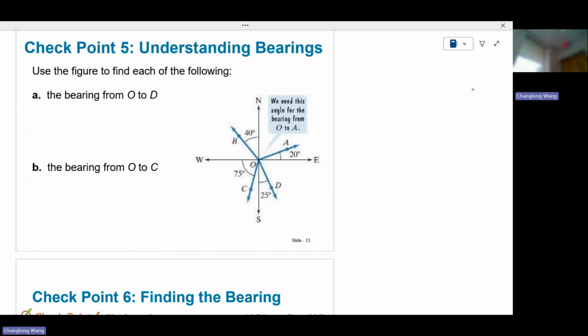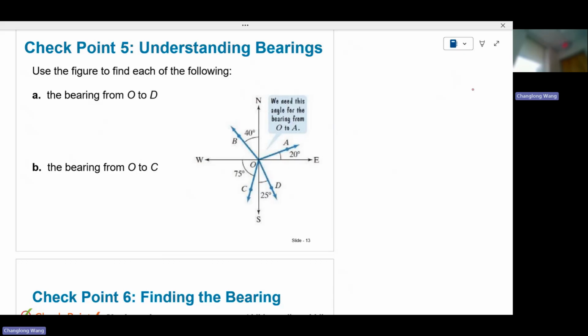A bearing from O to D. So that's the direction you want, which is closer to the south. So you can start from the south and then label the angle 25 degrees. By the way, the angle in bearings must be less than 90 degrees. It's always going to be an acute angle.